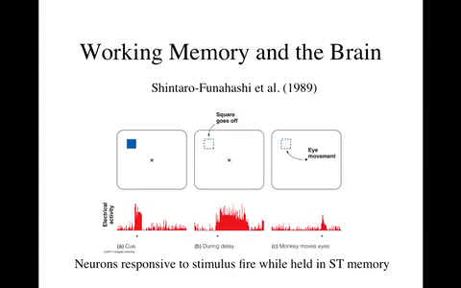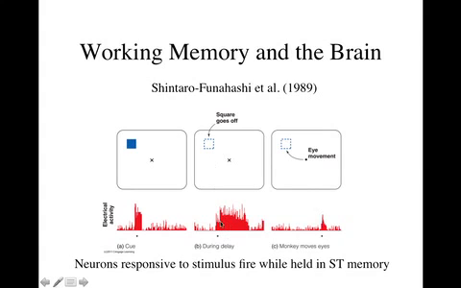As far as single cell recording, there are also some nice studies that show individual neurons whose response is modulated by memory. In this task, a monkey would be looking at a fixation point, and then a square would come on, and they would record from a specific neuron. It would fire somewhat to the square, but then when the square disappears, if the monkey has the task of remembering where that square is, because it later has to move its eyes there, you see that this neuron goes kind of crazy when the square goes away.